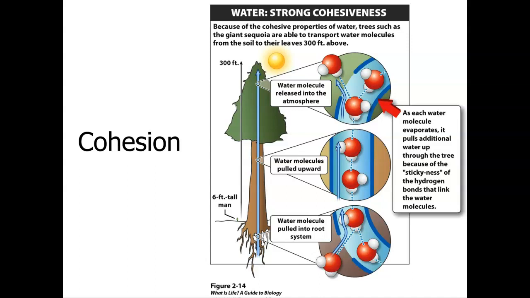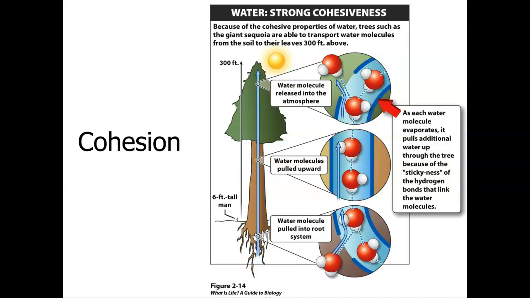It helps get pulled upward through those vessels in the root because they stick to each other with these hydrogen bonds. And then underneath the leaf of a tree, you're going to find tiny little holes, and these tiny little holes are called stomata. This is where the water molecule is going to evaporate out of the plant. So it always comes up through the roots, leaves through the leaves.